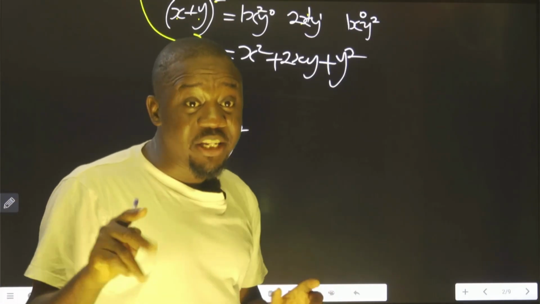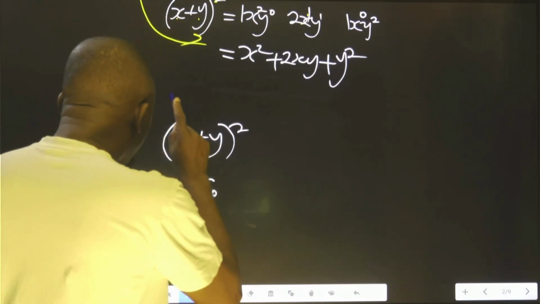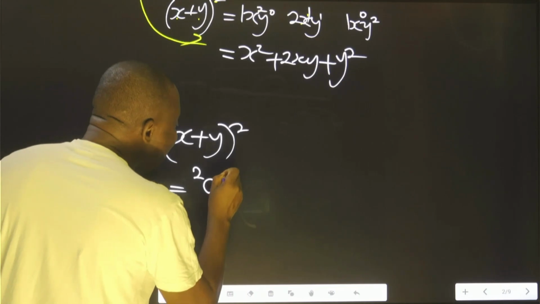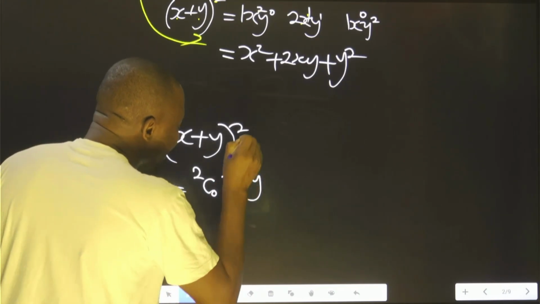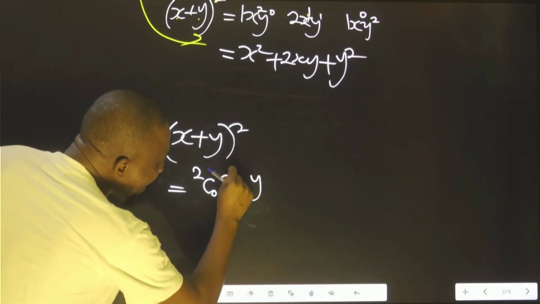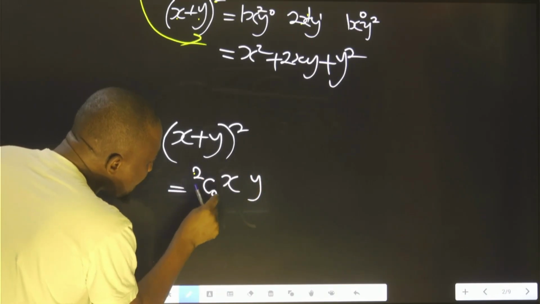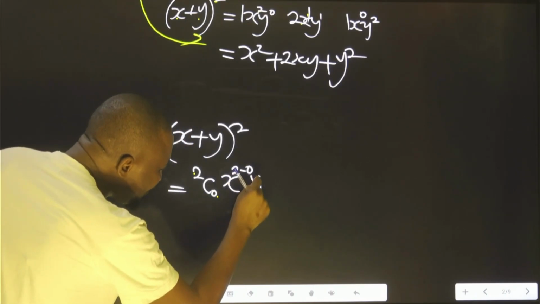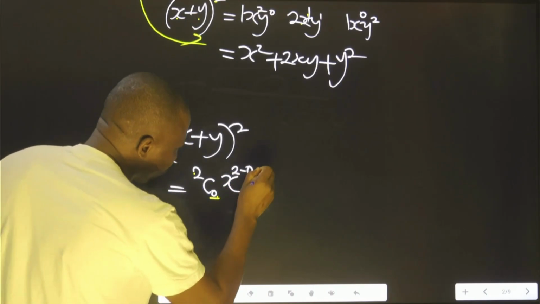You know we have done combination on this channel. 2 combination 0, the first one. Then you take x, you take y. The power of x is 2 minus 0. Then the power of y is this 0.